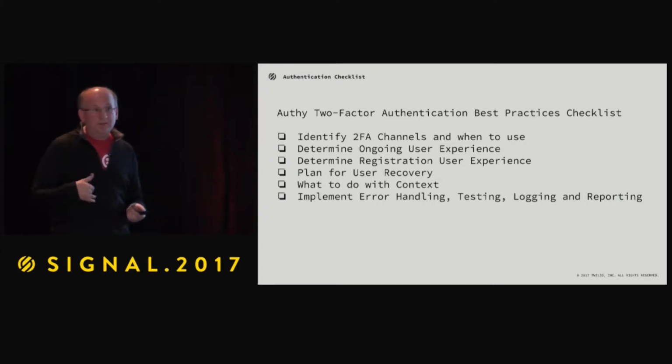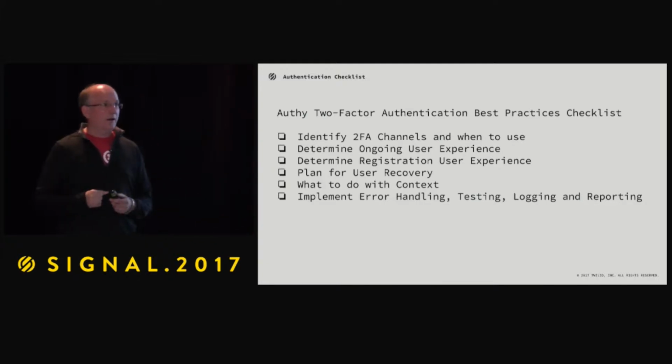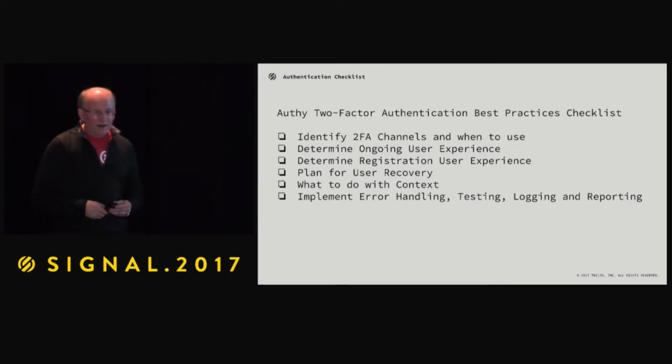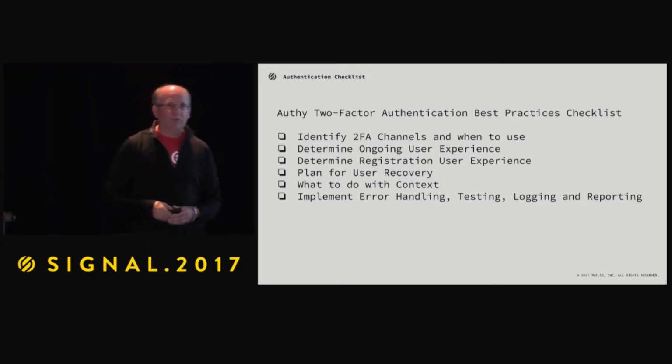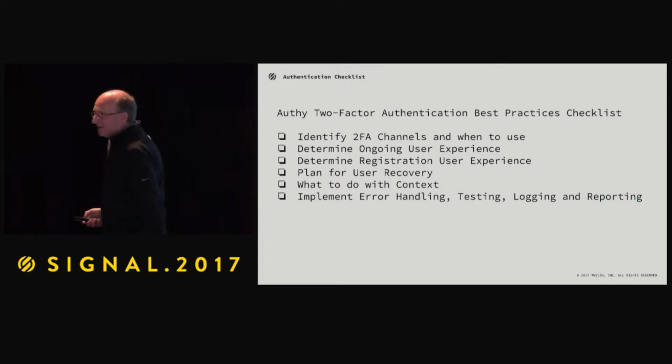Context is something that can help you feel even more sure that you trust this user and that they're in the right place, at the right time, with their two-factor device and with their compute device. And then finally, we're going to jam through these minor little issues of error handling, testing, logging, reporting, just some odds and ends. All right, so that's what we're up to.